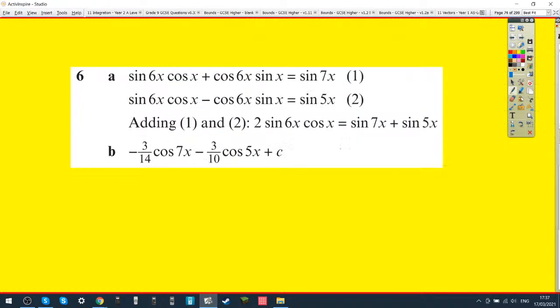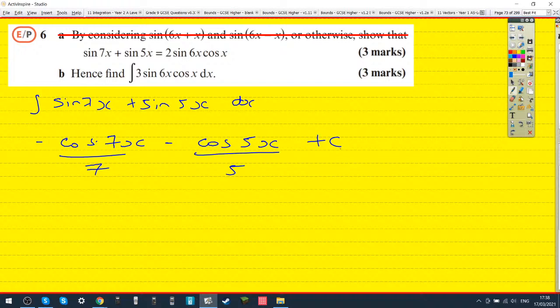Let's see. What am I looking at here? Oh, we had to times it all by 3. And so minus 3/7 cos 7x minus 3/5 cos 5x plus c. So that was because there was a 3, was it?